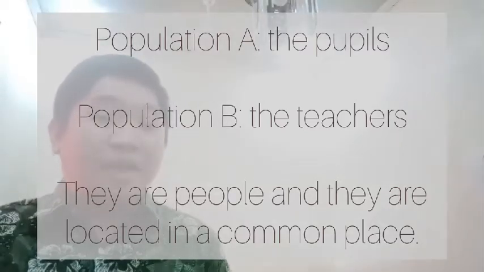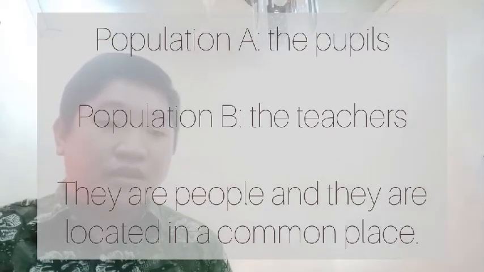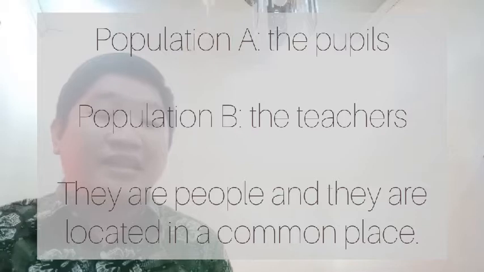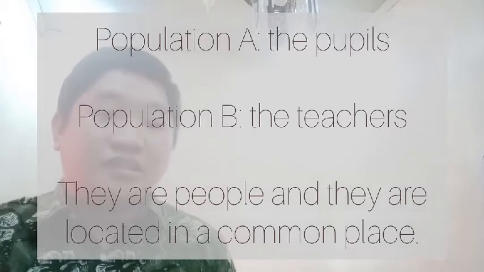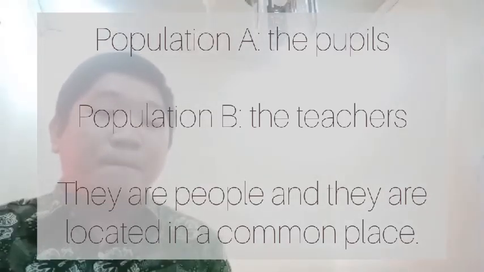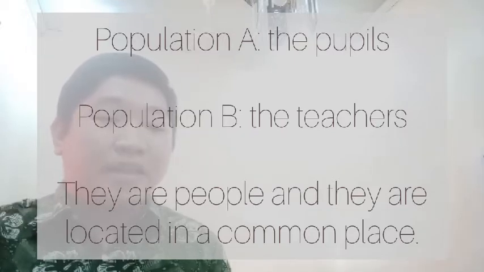They are both people, they are located in one place or institution, but they do not share common characteristics. The characteristics of the pupils are not the same as the characteristics of the teachers. So the pupils compose an entire population and the teachers compose a separate population.